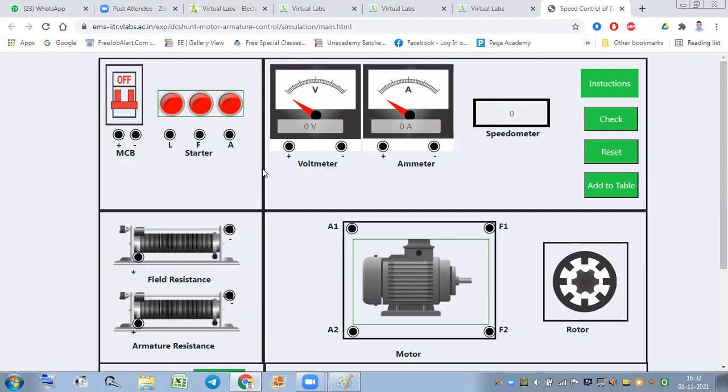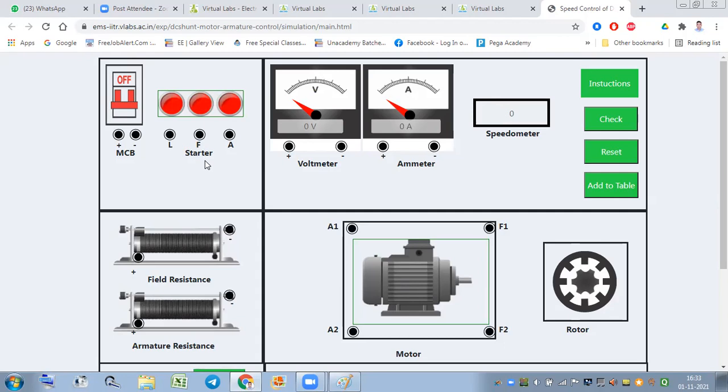in the virtual experimental environment, here we have an MCB. Why is the MCB there? Because it supplies power to the circuit. The starter is there. The starter is a very important thing in the DC motor, because if we run the motor without the starter, there is a probability of damaging the motor, because in starting, a high current flows in the motor.